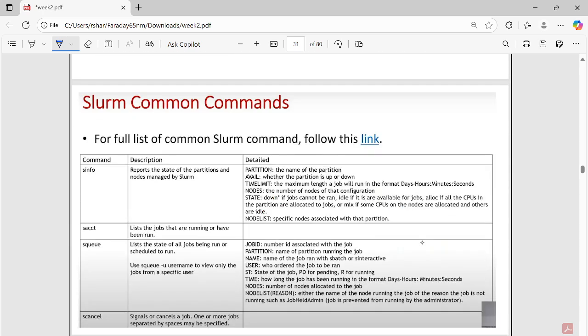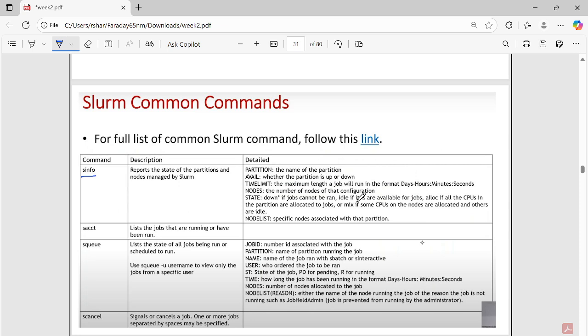Slurm common commands. The command sinfo will tell all the resources which are there on the cluster, so that we can know how many resources are available, how many are present, how many are used, and who is using it, and all those things.